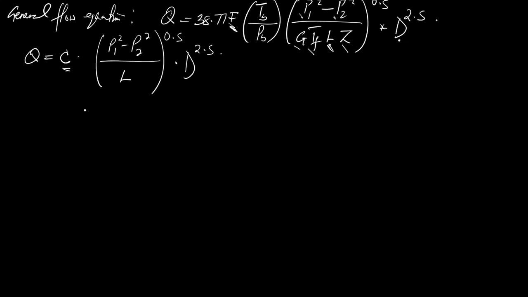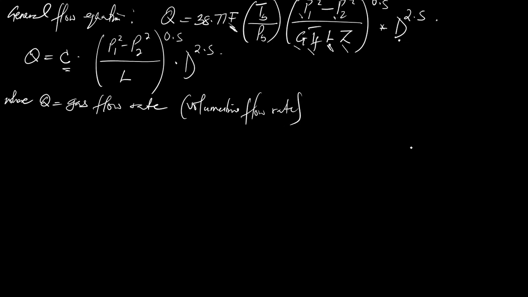Although I defined them verbally, now we can say where Q is the gas flow rate, that is a volumetric flow rate, which is in standard cubic feet per day.